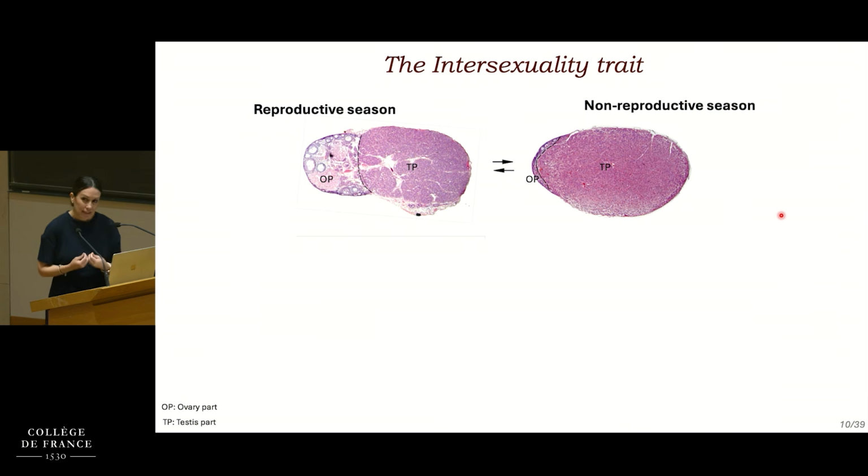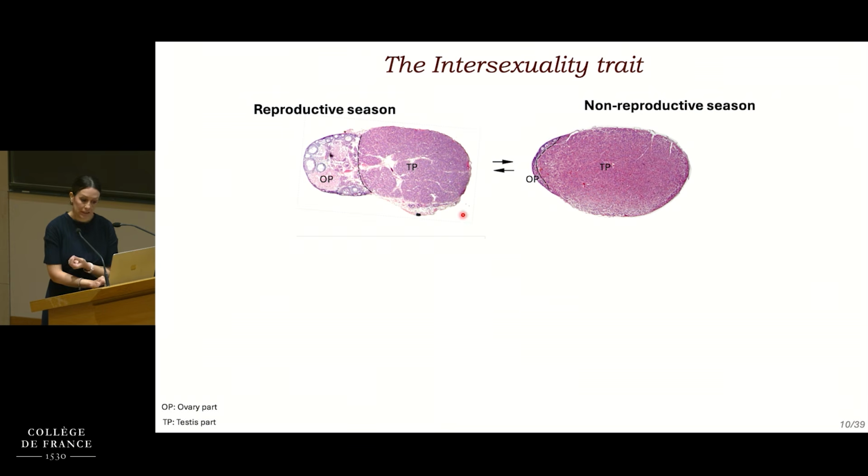And what is very interesting about this trait is that it even has plasticity through the year, because moles are seasonal breeders. So this is how the gonad looks during the reproductive season, where the ovary part is functioning and is quite big.